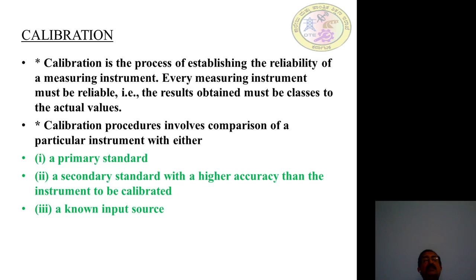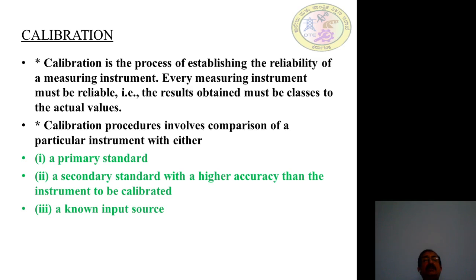So dear students, calibration is very, very important in mechanical measurement or metrology, because the purpose of measurement is to quantify things, and finally in the design stage or later in the production stage, you have to check.